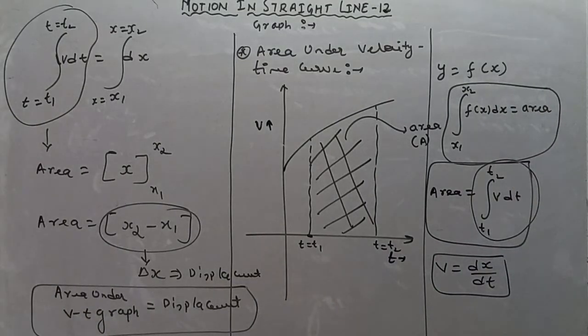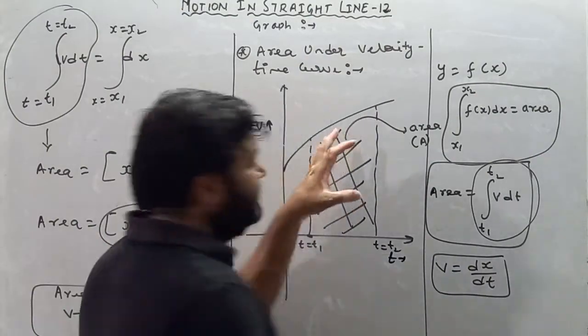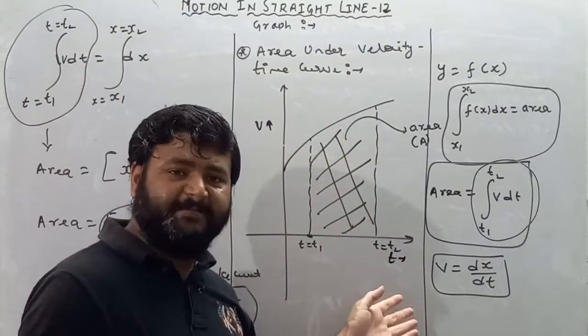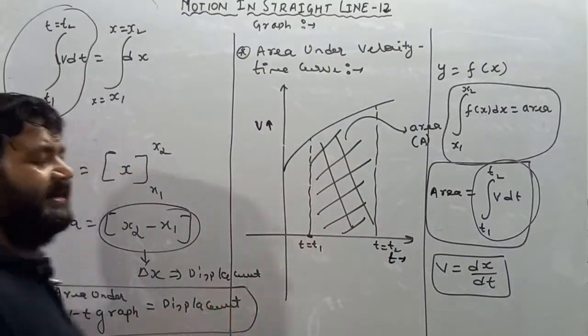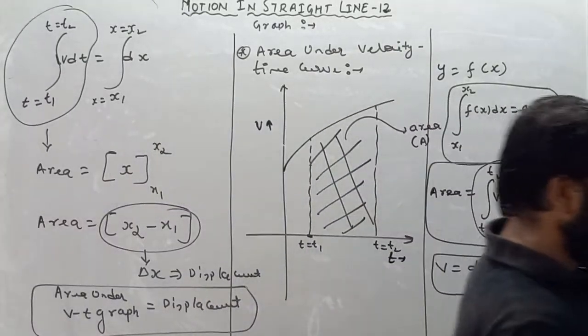Remember, if a velocity time graph is given and in the question they are saying find the displacement, then you simply have to find the area under the velocity time graph. That area represents, my dear student, displacement. Remember this thing.